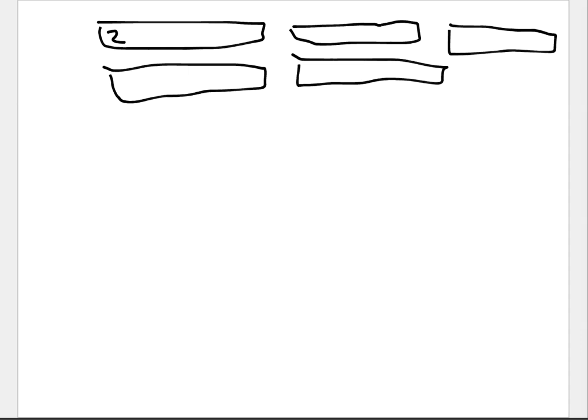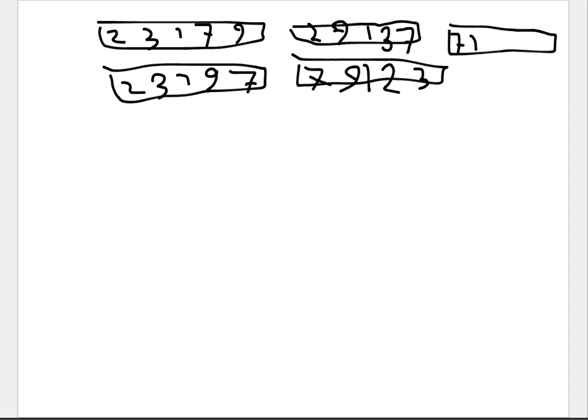For example, 2, 3, 1, 7, 9. 2, 3, 1, 9, 7. 2, 9, 1, 3, 7. 7, 9, 1, 2, 3. 7, 1, 2, 3, 9.